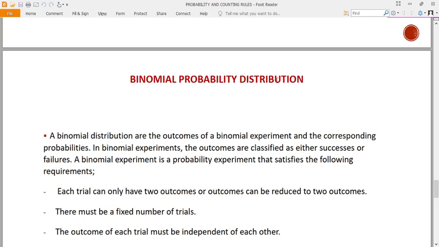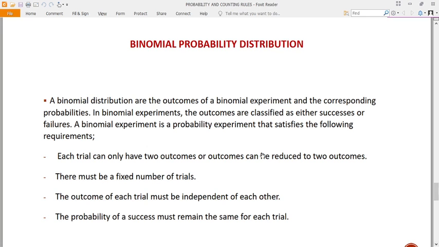So any probability that has only those two options is what we call a binomial probability distribution. So these are some of the requirements. Each trial can only have two outcomes, or it can be reduced to two outcomes, that is to either yes or no, or to either success or failure.